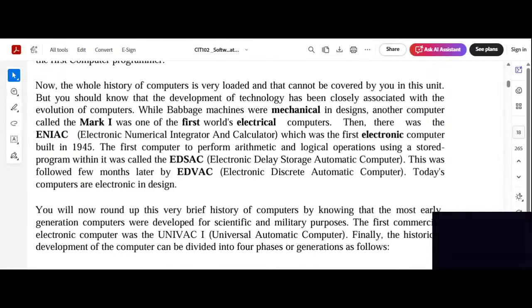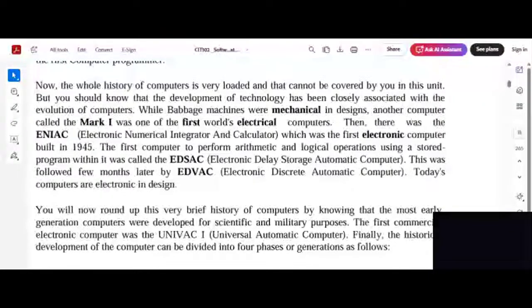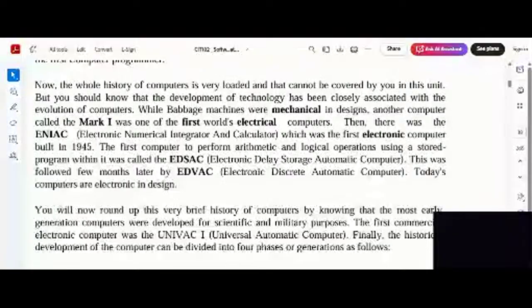Then the first computer to perform arithmetic and logical operations using a stored program within it was called EDSAC, Electronic Delay Storage Automatic Computer. A computer that uses stored programs to perform logical operations and even arithmetic operations: EDSAC.